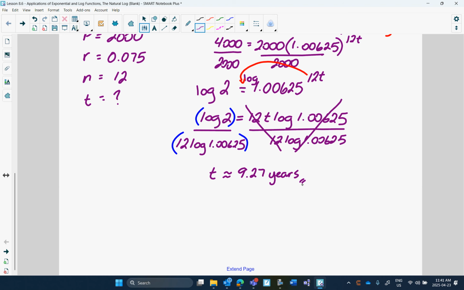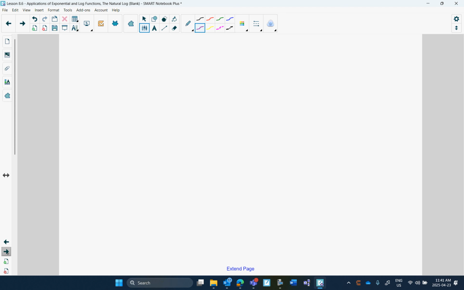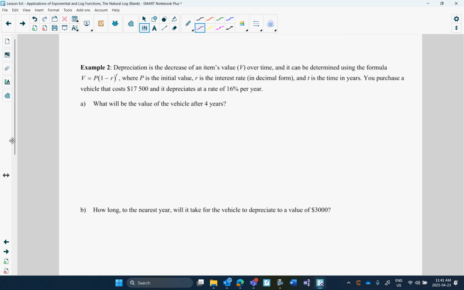Let's look at another business one. Something that happens to equipment in manufacturing businesses. The equipment depreciates. Also happens to vehicles. In other words, it loses its value over time. And you can calculate the value of a vehicle or the value of some equipment after depreciation using this formula, where V is the value of the equipment, P is the original value of the equipment when you first bought it, whether it's equipment or a vehicle.